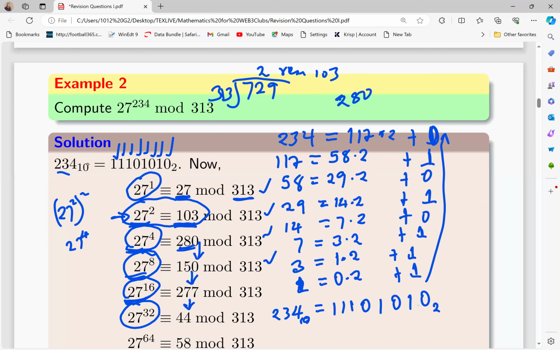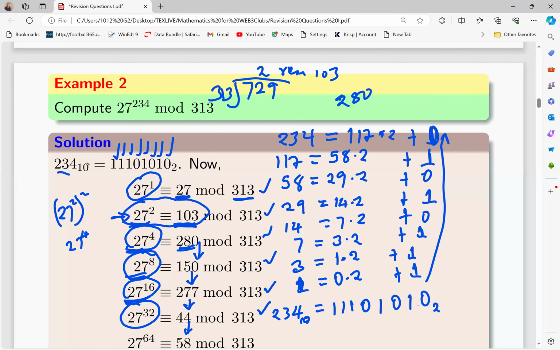The remainder is 44. Now square this and you get 64. It means also square this and divide by 313. The remainder is 58.